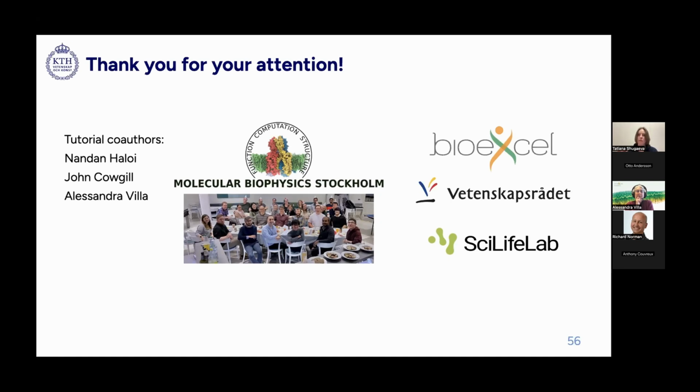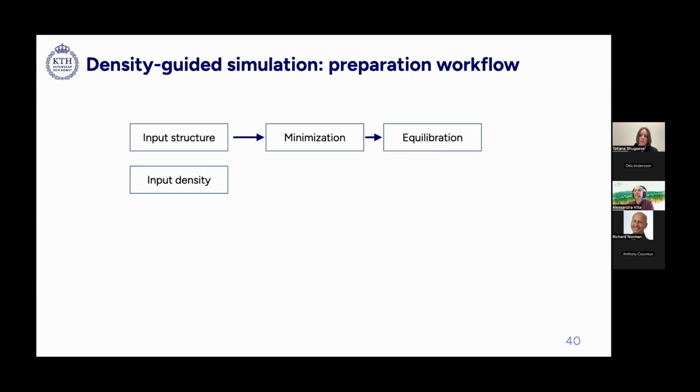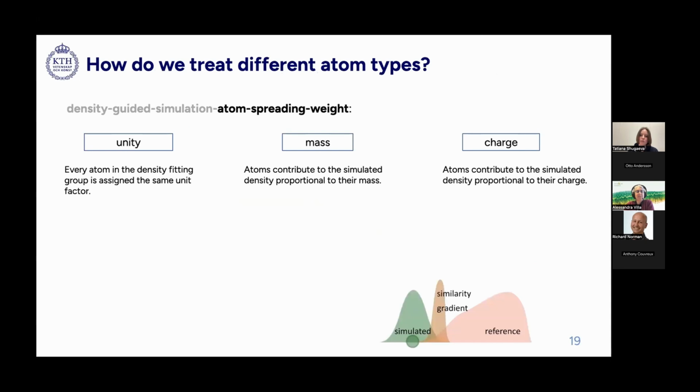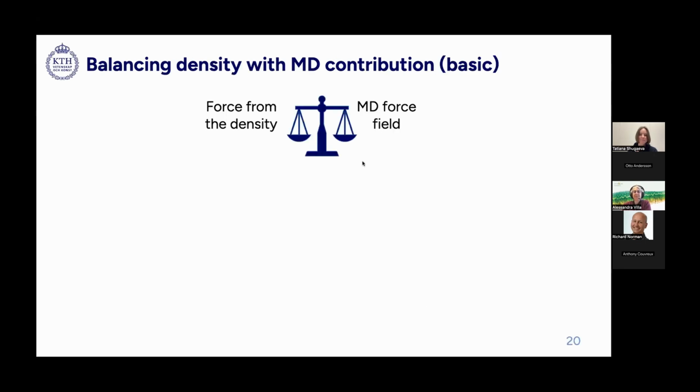So you might want to experiment with the option that I showed here, where atoms correspond to the simulated density proportional to their mass or proportional to their charge. So I would say if you see some results are not good, maybe you want to change this parameter. Okay, thank you.